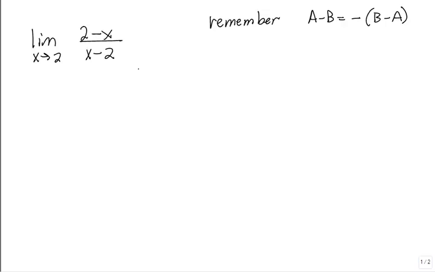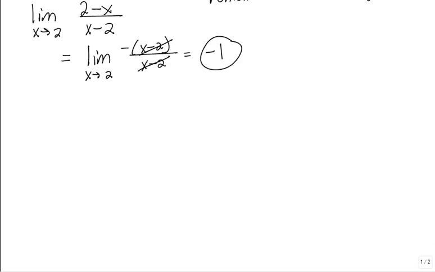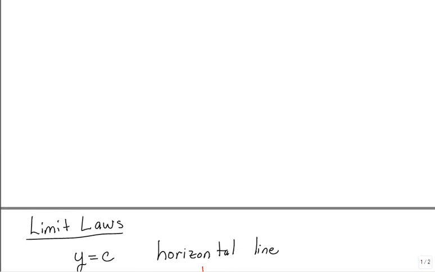Well, that tells you that there's no point at 2, but you can use the fact that you can reverse the order of the numerator and put a negative out front. Those are going to divide out, so that's just -1. So there is an answer to this problem, although the point doesn't exist. The limit exists, and that means it's still approaching that value.